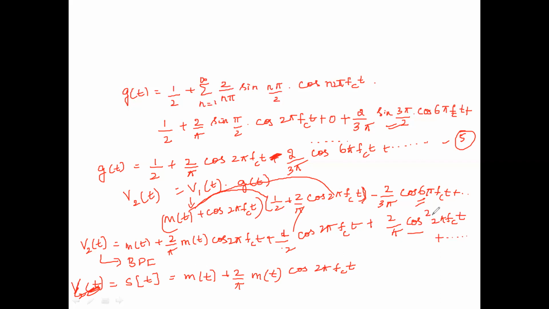Since it is cos square, higher order frequencies are eliminated. So s of t is equal to, when you take m of t common, you will get 1 plus 2 by pi cos 2 pi fct.